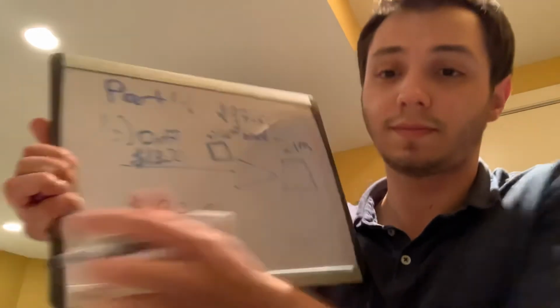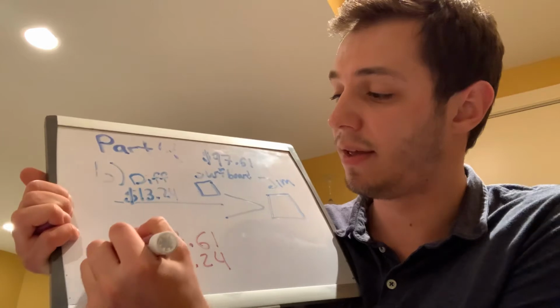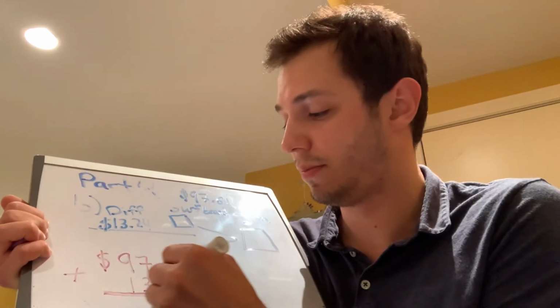Remember guys, always please show your work. I want to see where you're getting these numbers for your answers. So we're going to do $97.61. Once again, remember to have your dollar sign and your decimal. And then we have $13.24. We're going to add these numbers up.